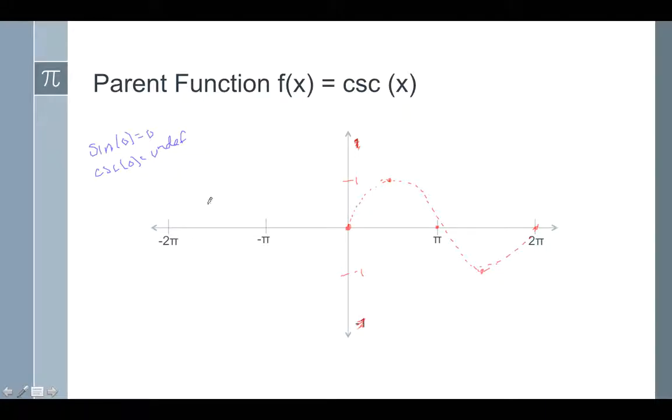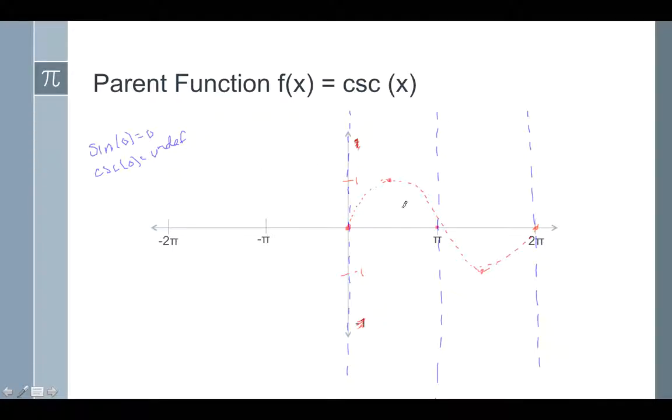So everywhere that sine crosses the x-axis is an asymptote for cosecant because it creates an undefined value. And so we have a whole bunch of asymptotes. And in one period of cosecant, you get 3 asymptotes, one in the middle and one at either end.